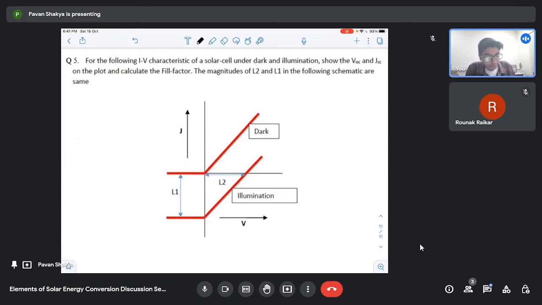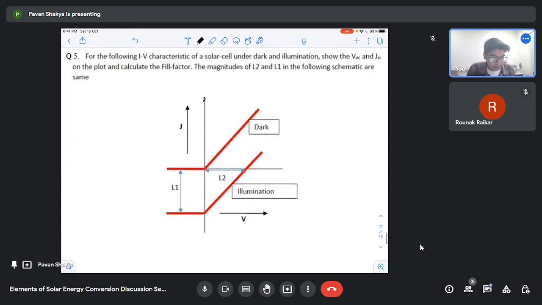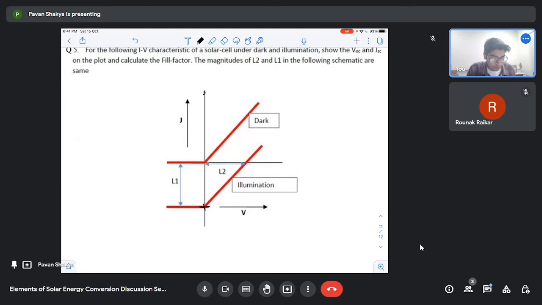If the y-axis is the current density, then the current at which the voltage is 0 will be the JSC. Next, the voltage at which the current is 0 is the open circuit voltage, that is VOC.